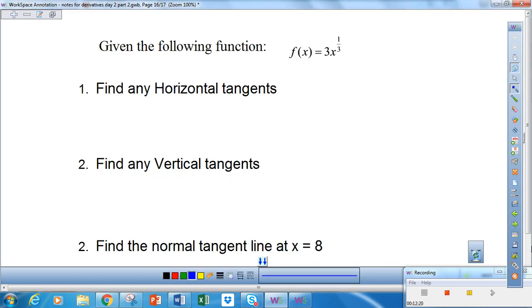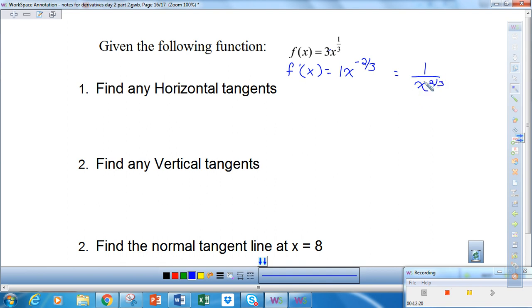So let's do this example. They ask us to find any horizontal tangents. So the first thing I have to do is find the derivative. So 3 times a third is 1, and this will be x to the negative 2/3. Or I can write this as 1 over x to the 2/3.